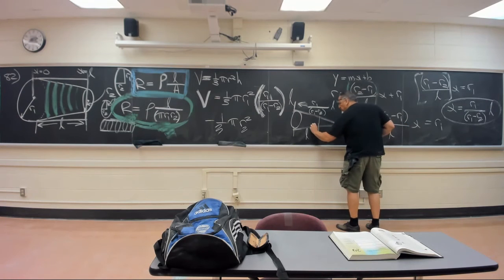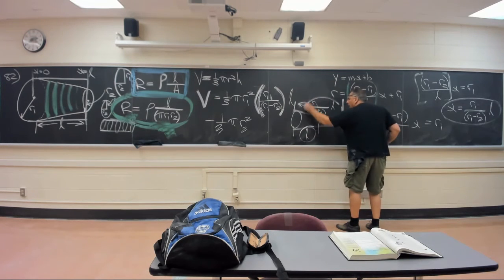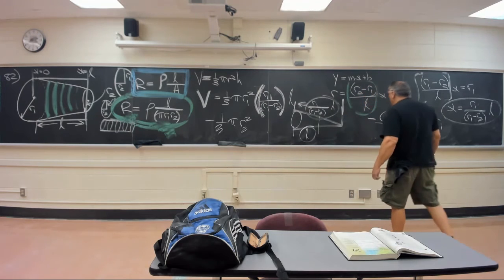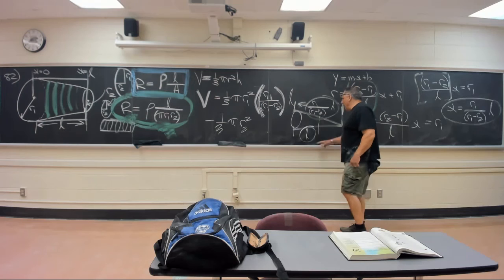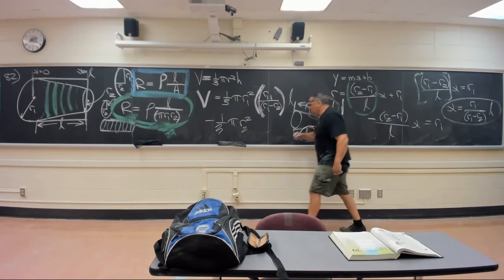You take the L away from here and you're set. Okay, well, isn't L the same as 1 over 1 times L, which is the same as R1 minus R2 over R1 minus R2? And take it away from there. All right.